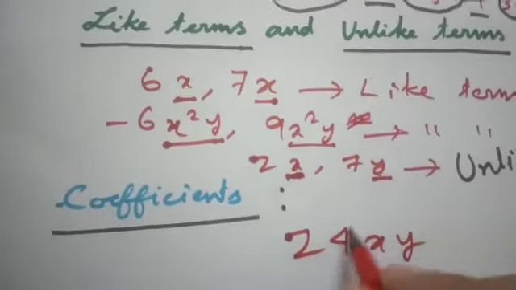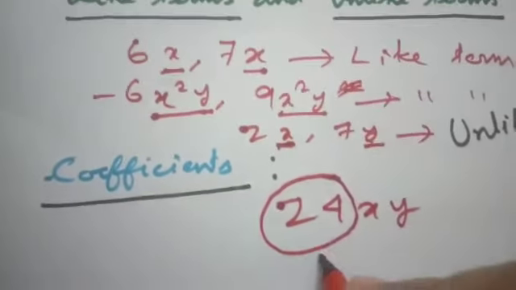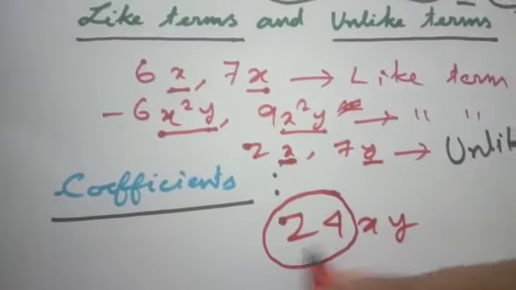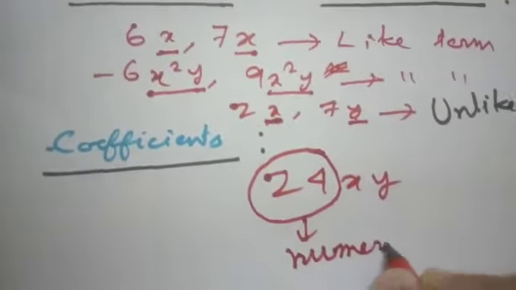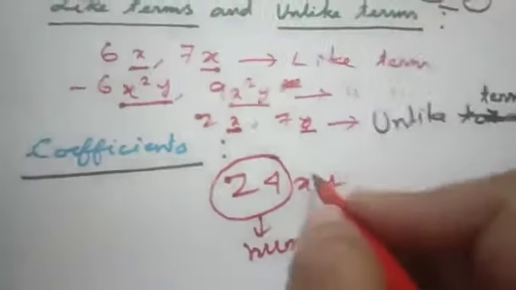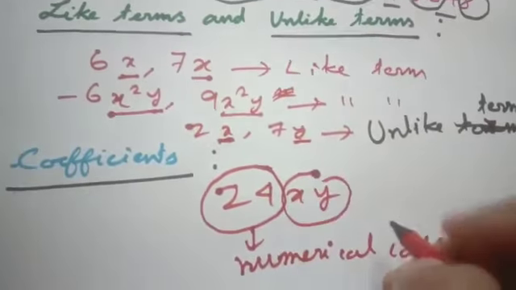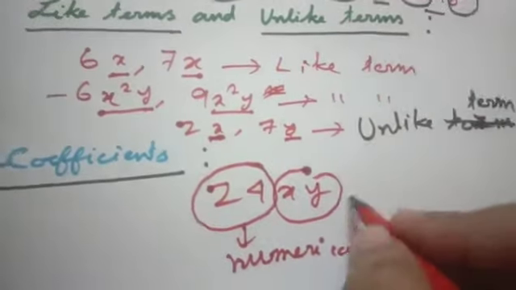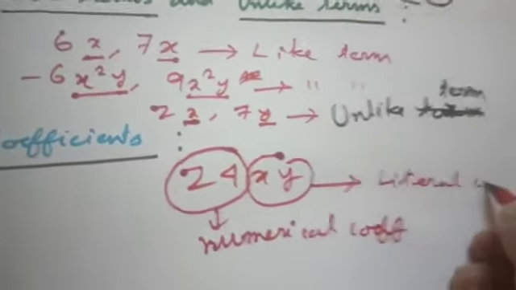Here 24 is the numerical coefficient because it is a number. And xy is the literal coefficient.